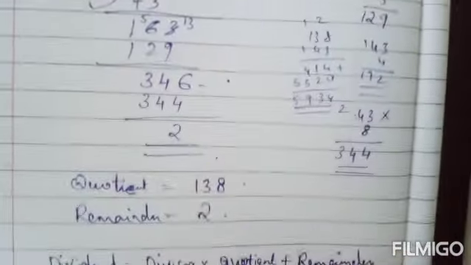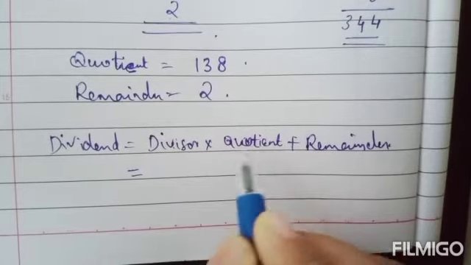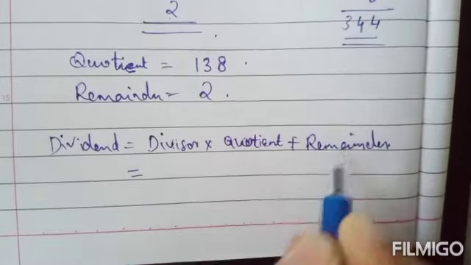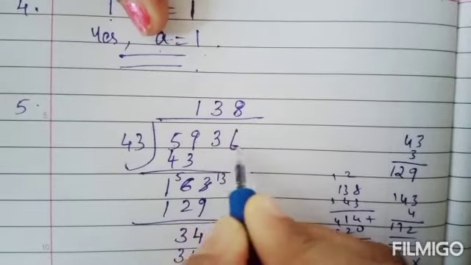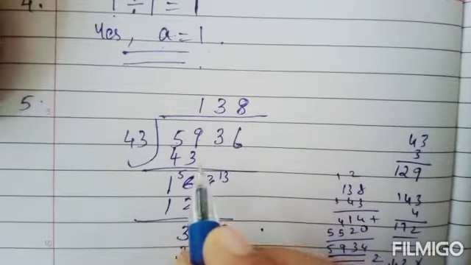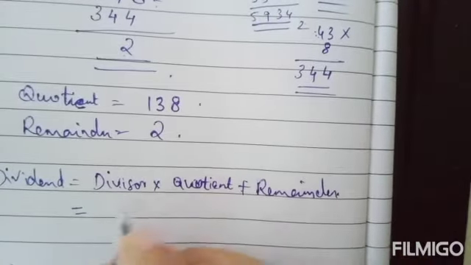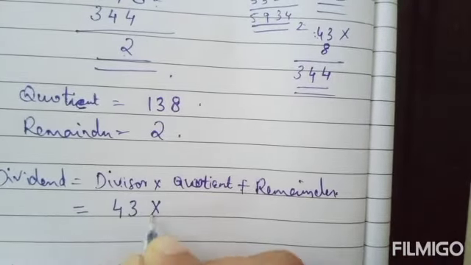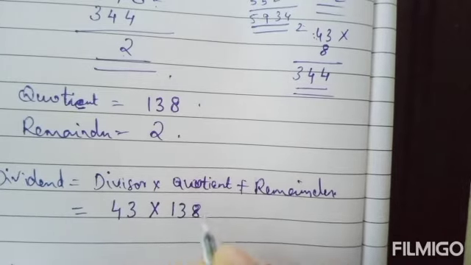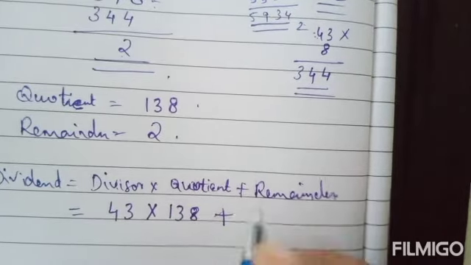So divisor 43 into quotient 138 plus remainder 2.